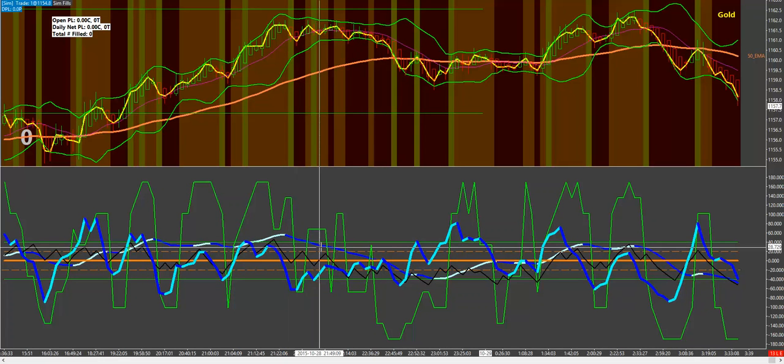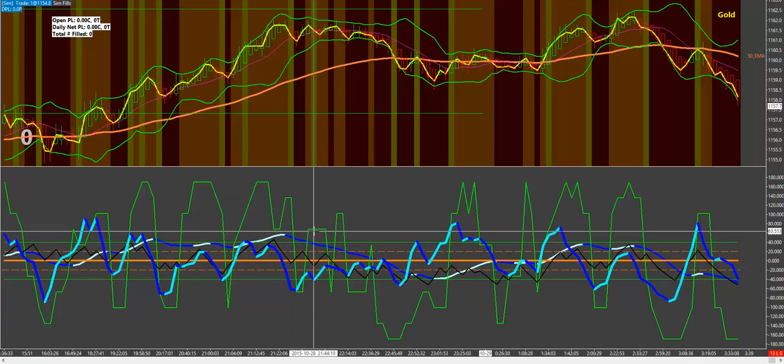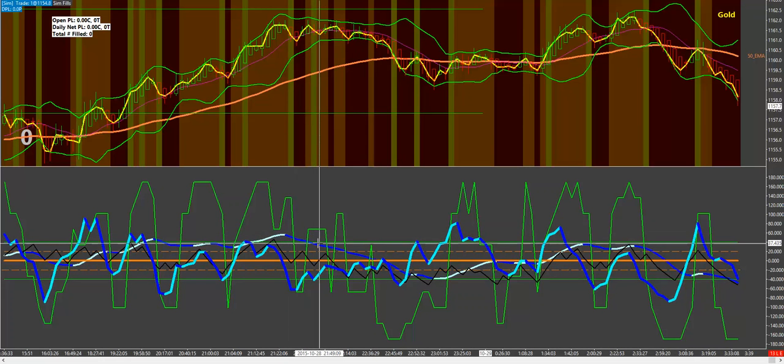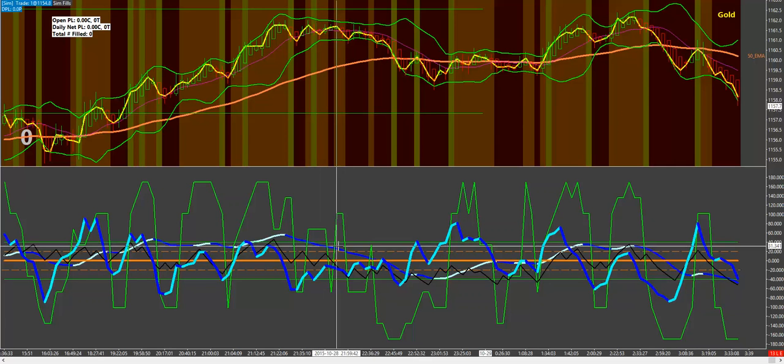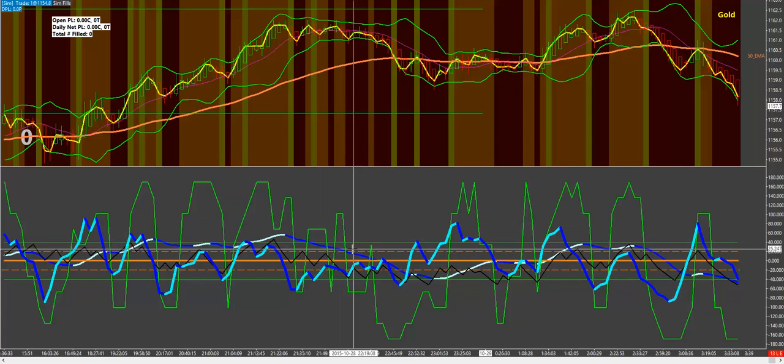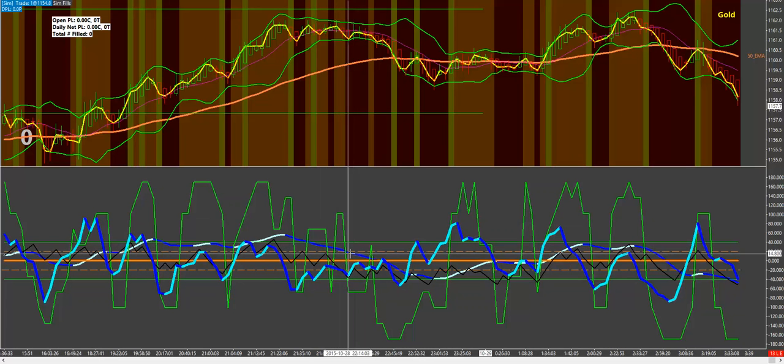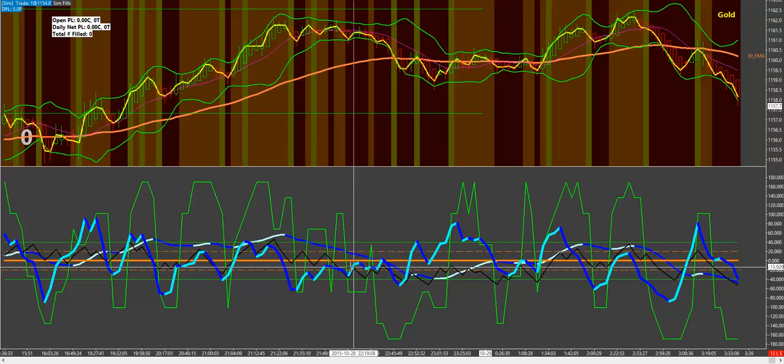But right here, volume is not with us, nor the Arun. The Arun is above the white MACD, so still nothing to do. Over here, still nothing to do, because the Arun is still above the white MACD.